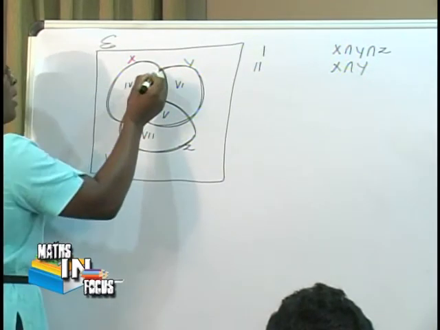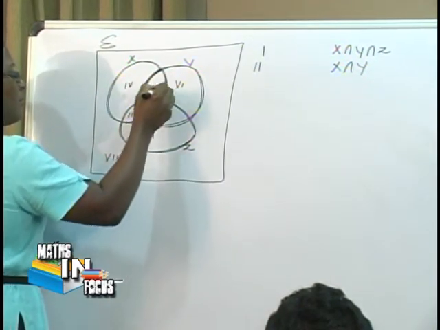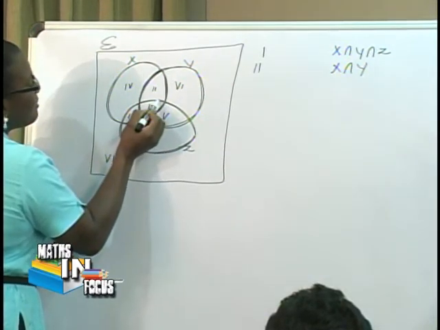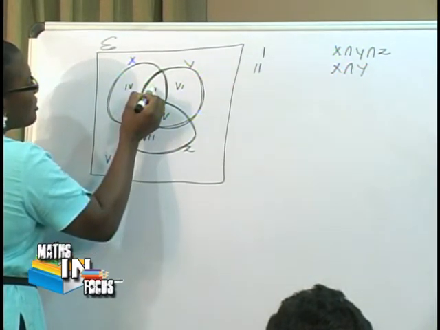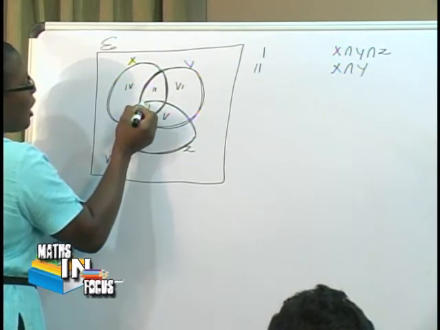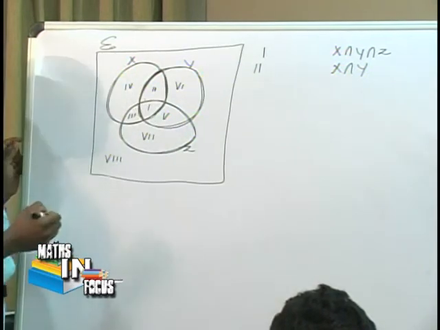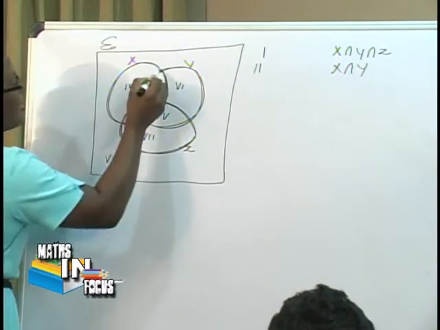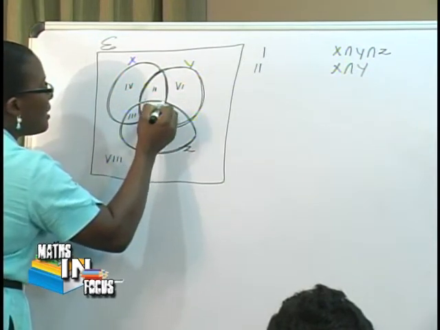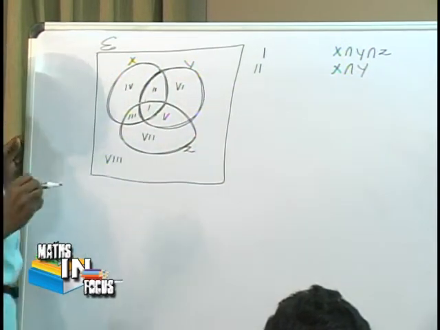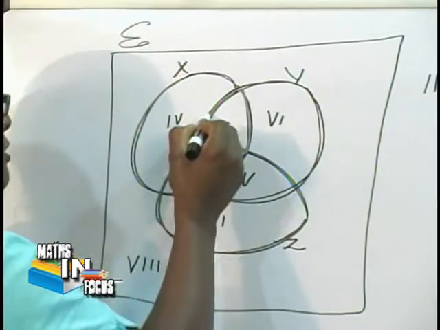So X intersect Y would be this whole thing. But if we just take out this piece and we have this region here, this upper portion here would be what? Now let's go again. We want this whole thing here.